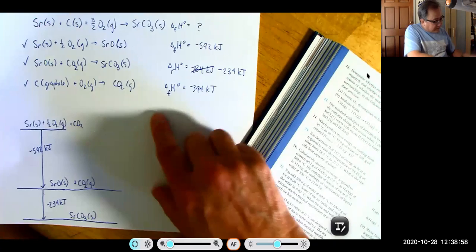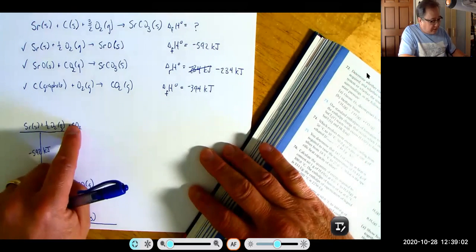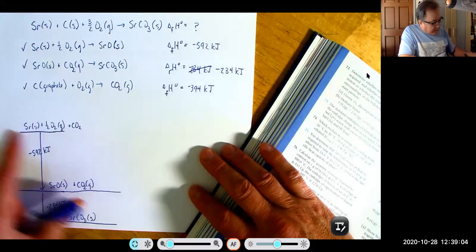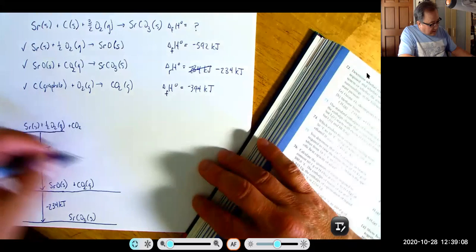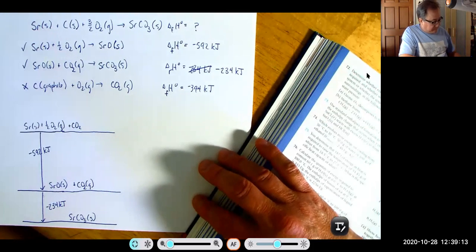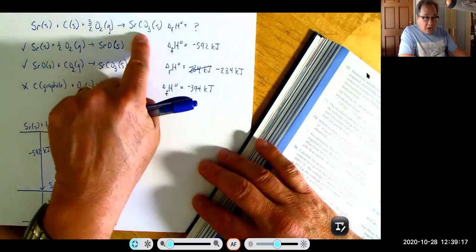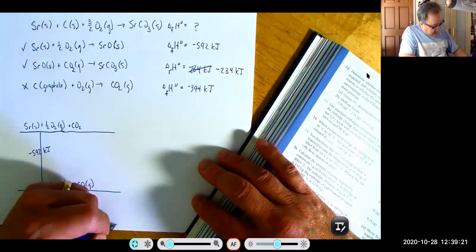And this one's a tough one because we have CO2 here and we have CO2 here. So where do we want to put this? Since I don't know, I'm going to back off of this guy and go to this one. This one is pretty obvious because I need my strontium carbonate as a product, and I have it right there.